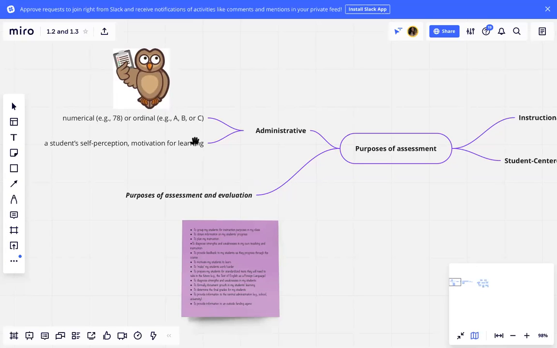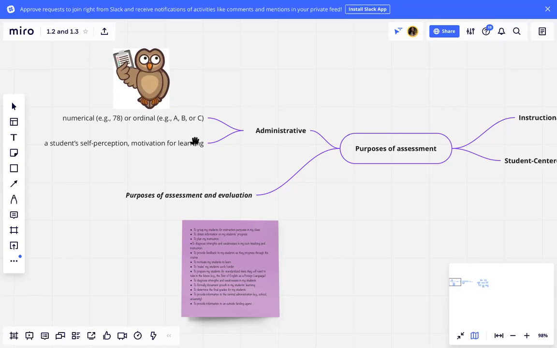I have to say that grading is a complex evaluative practice that requires teachers to make judgments about student learning, which is really tough for us. Grades are used most notably to make public statements to students, parents, and principals about student achievement.